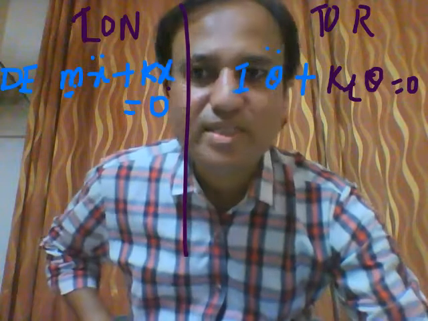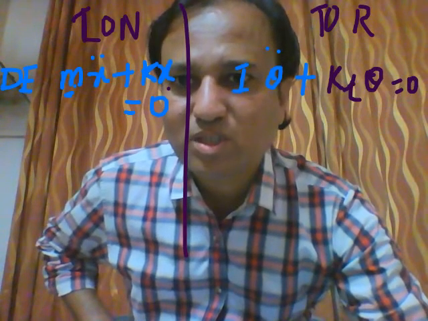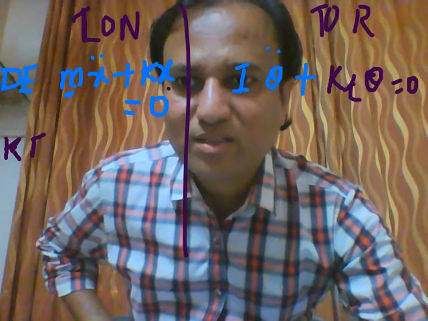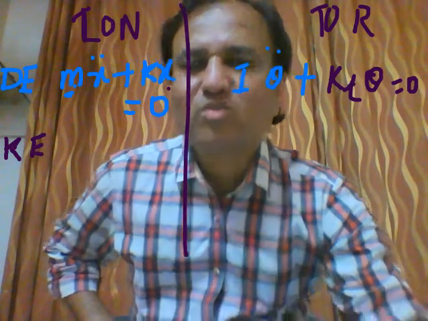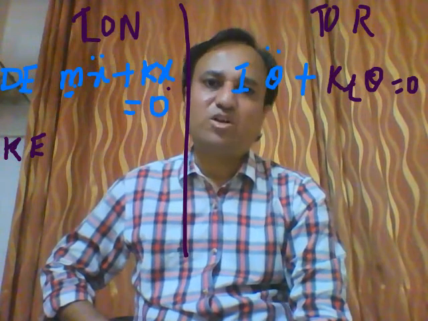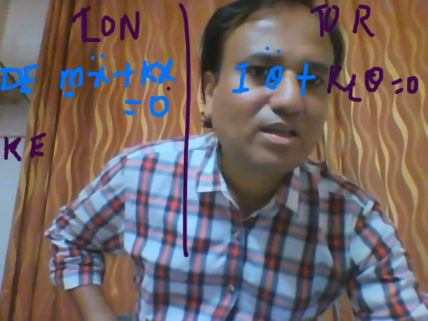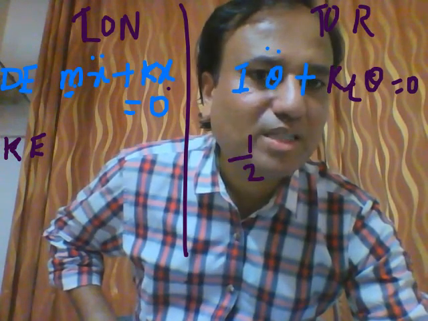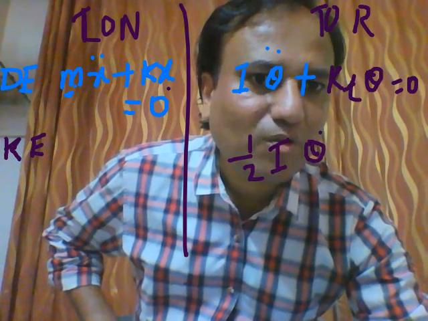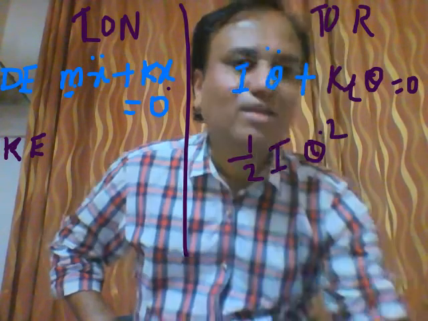So this is the equation of motion, student. Now KE and PE, how to calculate KE? So KE in longitudinal vibration we already discussed, 1/2 m x dot square. Here mass will be replaced by moment of inertia and x dot will be replaced by theta dot.